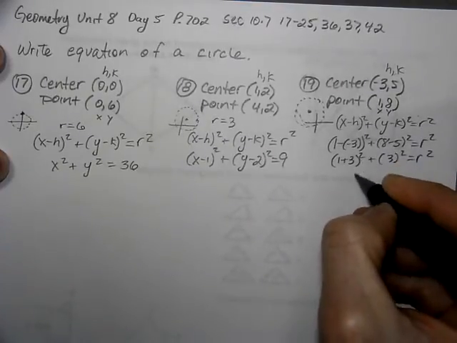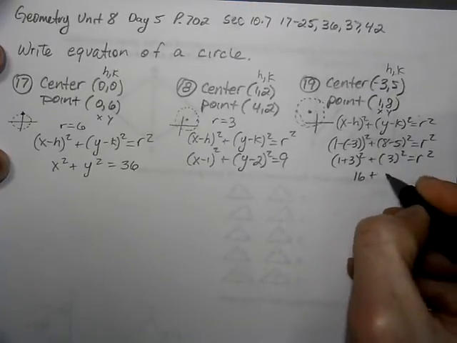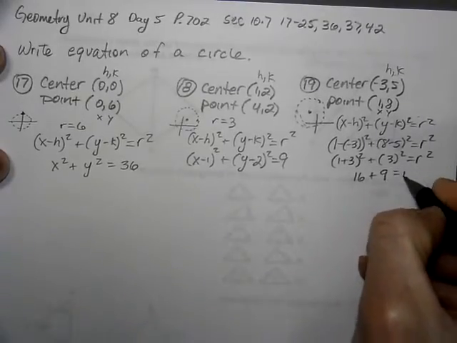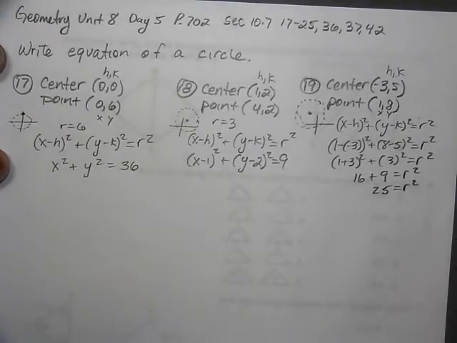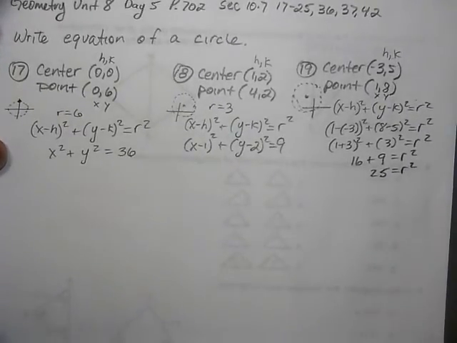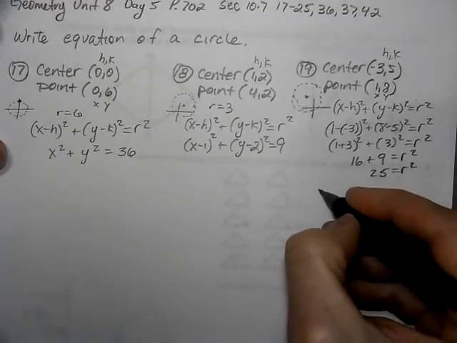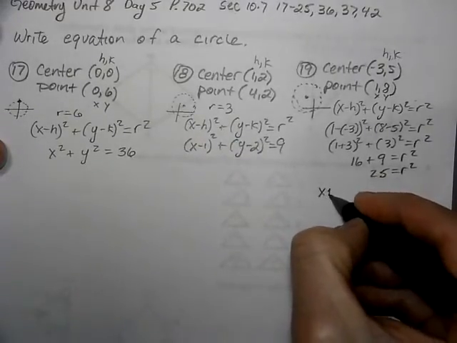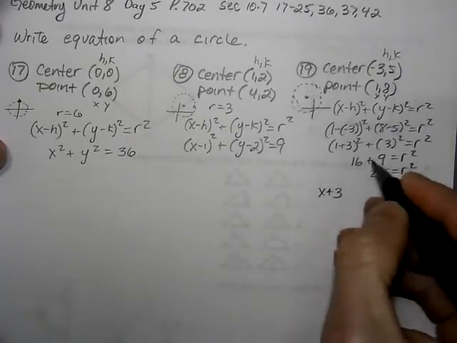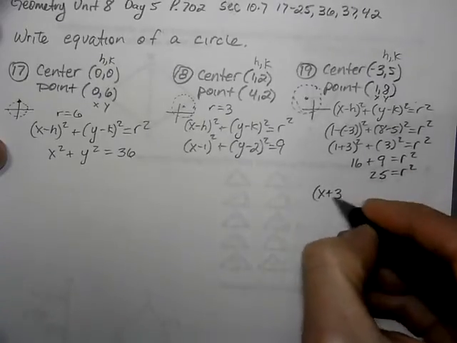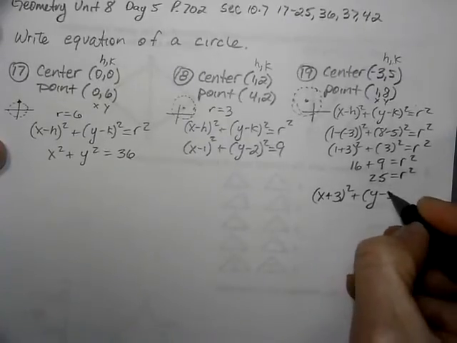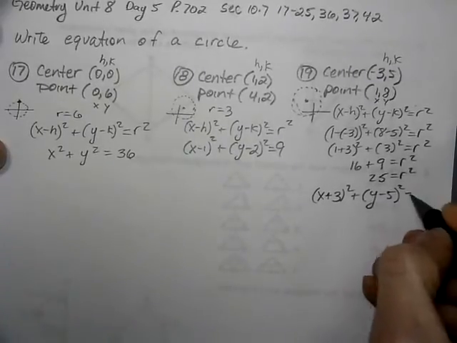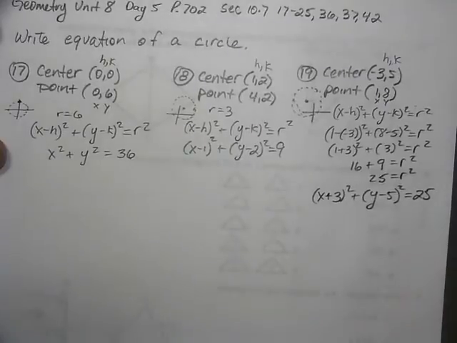This is 4 squared, which is 16. This is 3 squared, which is 9. So we get 25 for the r squared. So to write our equation, we're going to say x plus 3, because it's minus a negative for the h, y minus 5 quantity squared equals 25.